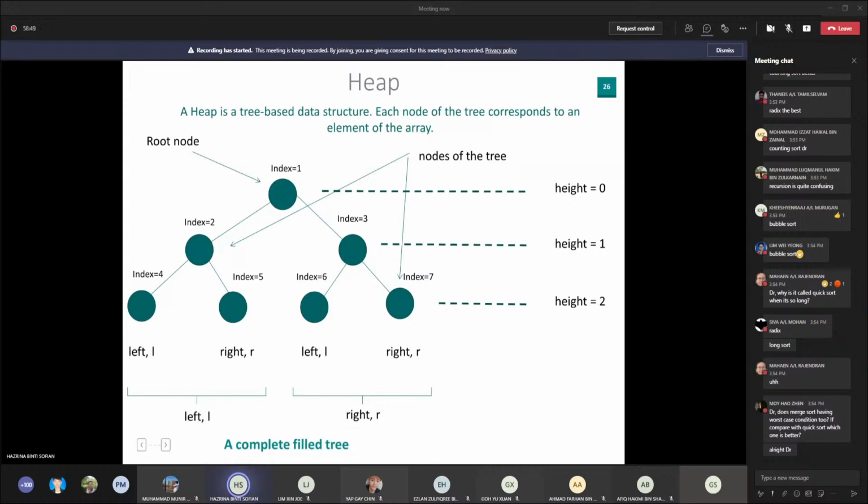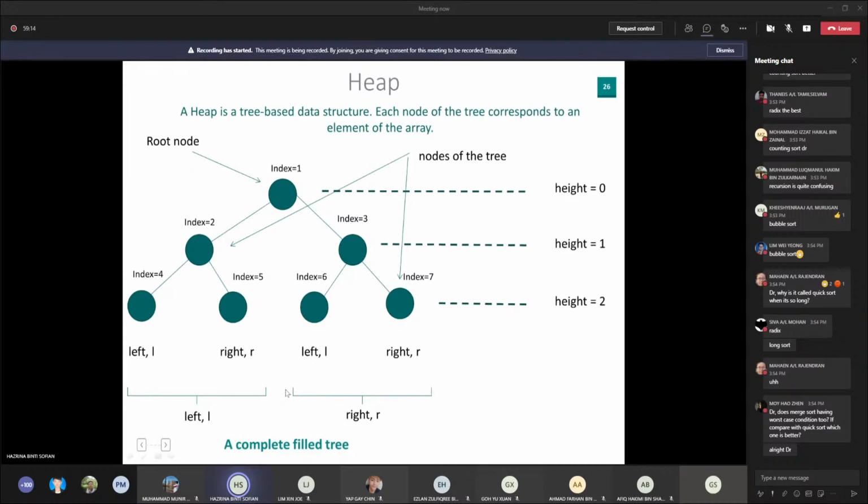So they are 8 elements, and each corresponds to a node. So it will be 2, 3, 5, 6, 8, 10, 11, and 13. Okay, so this is a heap.